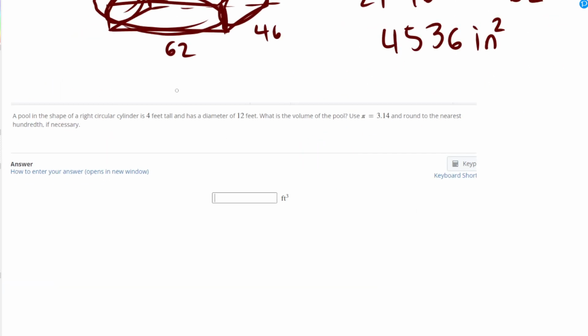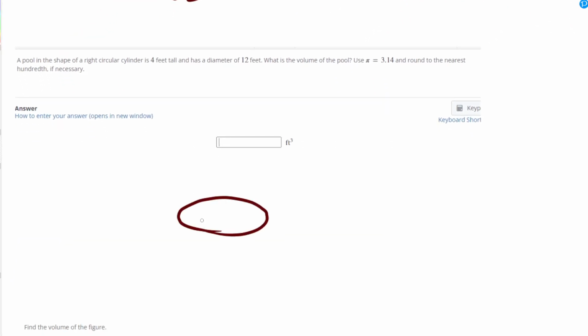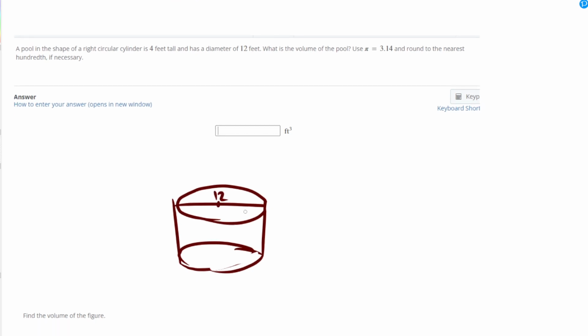This one is saying a pool in the shape of a right circular cylinder is 4 feet tall and has a diameter of 12 feet. What is the volume of the pool? So we know that when we're thinking about formulas, it usually uses radius instead of diameter. So what we're going to want to do is cut this in half and say 6 feet, and then 4.